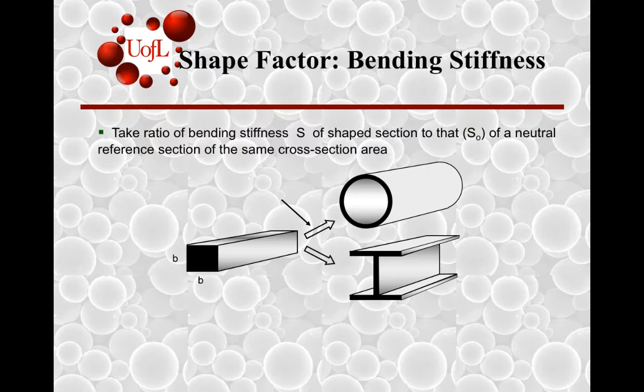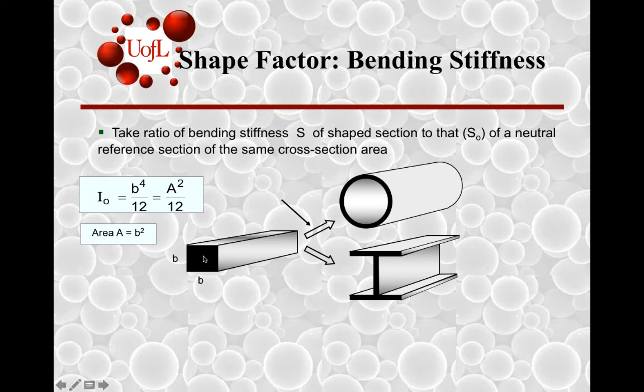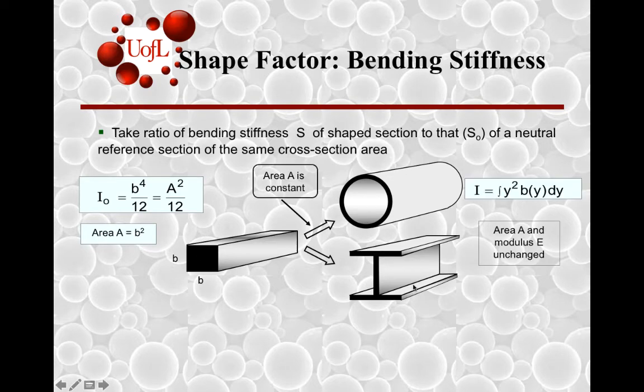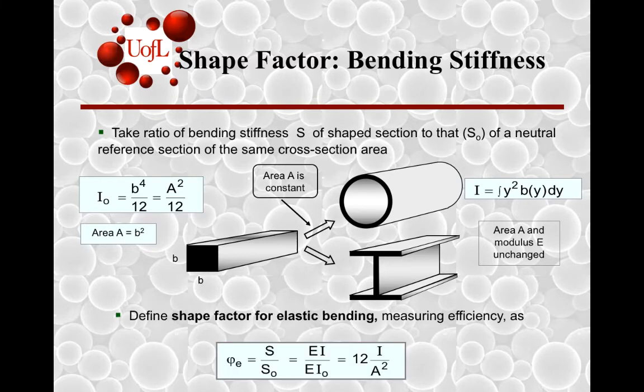The second scenario that we considered in the last class was bending stiffness, so stiffness limited designs. And so we had the area moment I, which was given by a square by 12 for this square cross section. If you went to any new shape while keeping the area constant, you could then define the shape factor as the ratio of the stiffness for the new design normalized to the stiffness of the square cross-section beam.